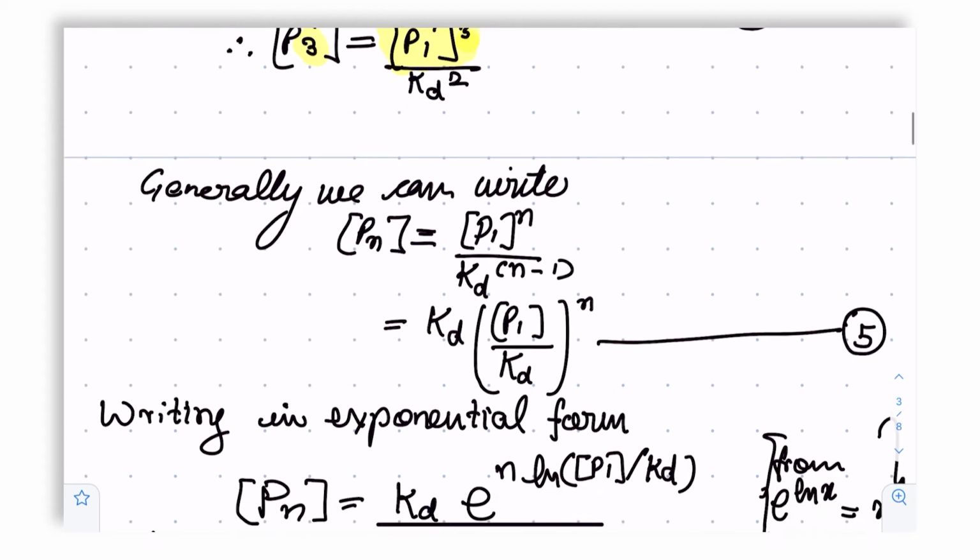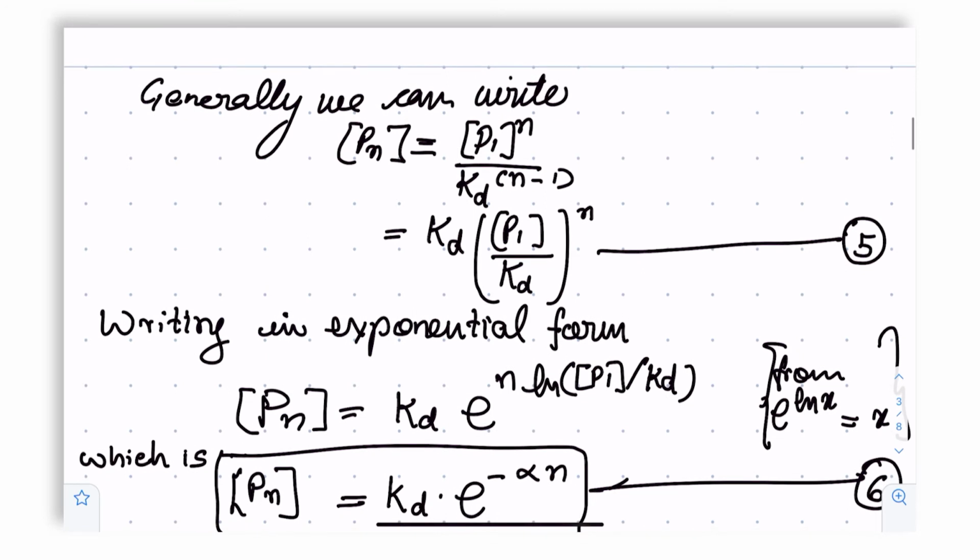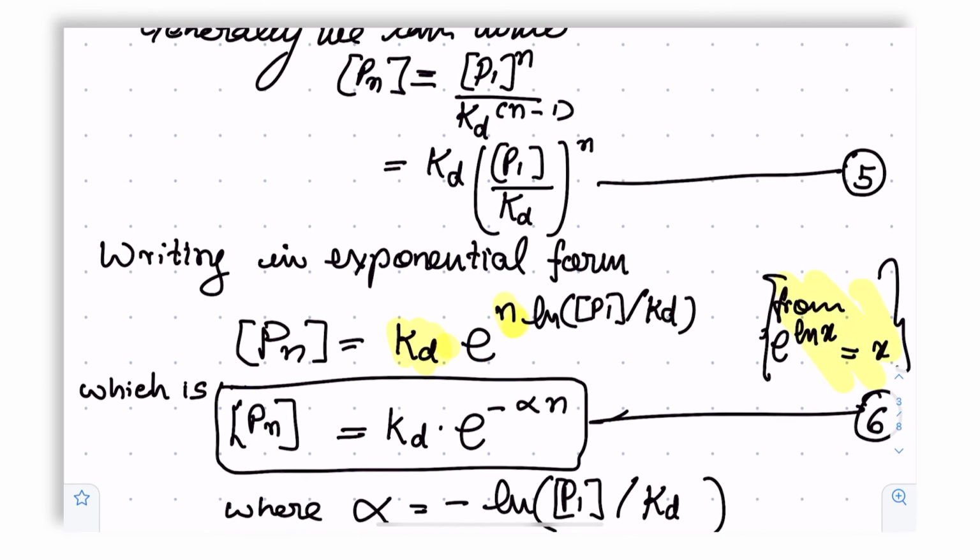Writing this in the exponential form then becomes Pn concentration, meaning to say the number of filaments of a certain length n, is equal to Kd e to the power n times natural log of P1 upon Kd. This is coming from this very general idea that e to the power natural log of some x is equal to x.